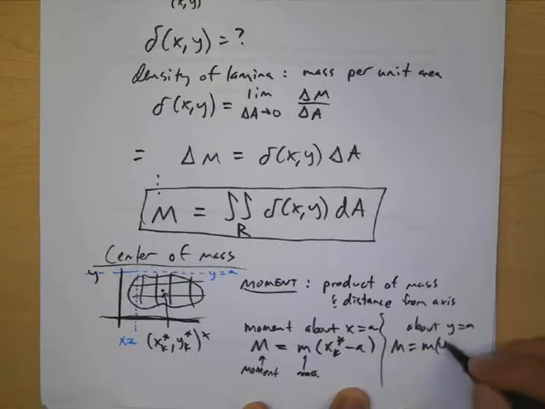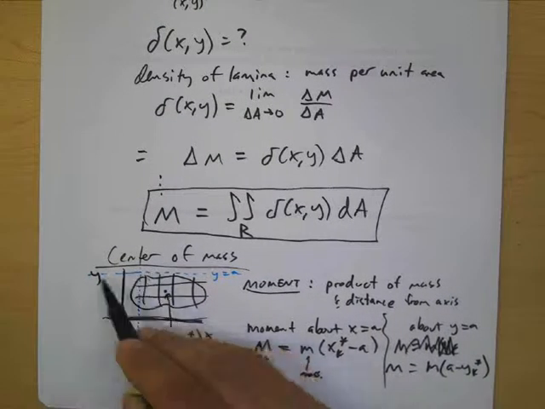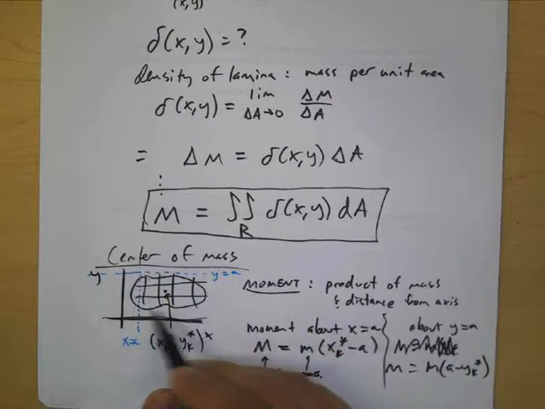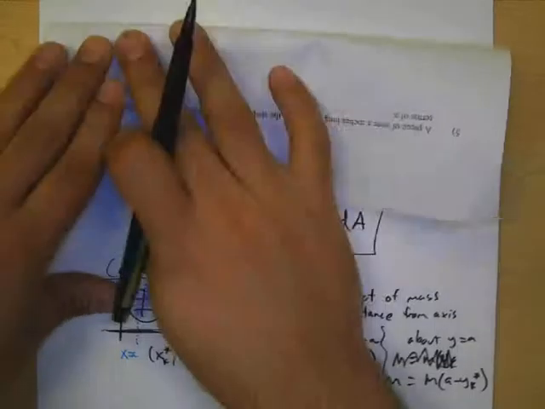The order's not going to matter, but let's keep it the same way it should be. So that would be the general form for this line. Again, it depends where the line is. Okay, so that's the general definition for moments.